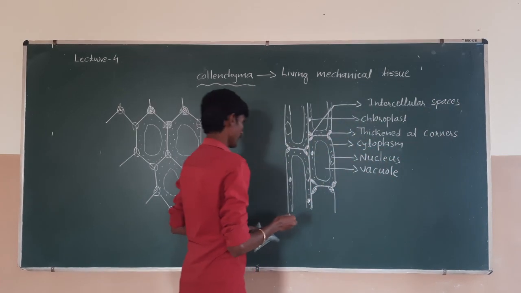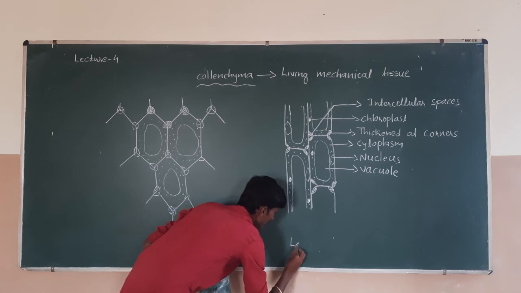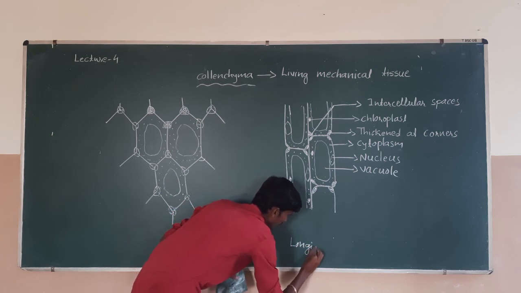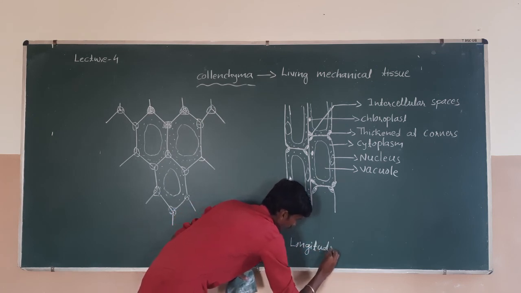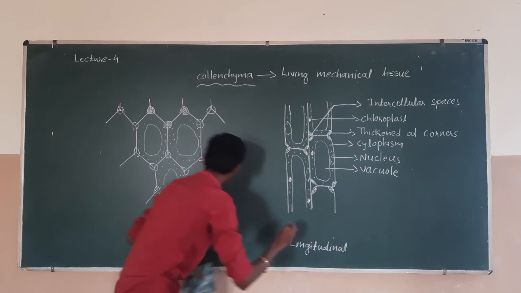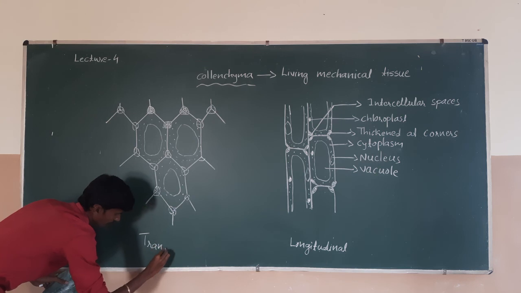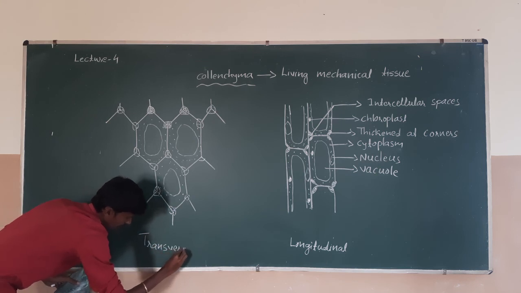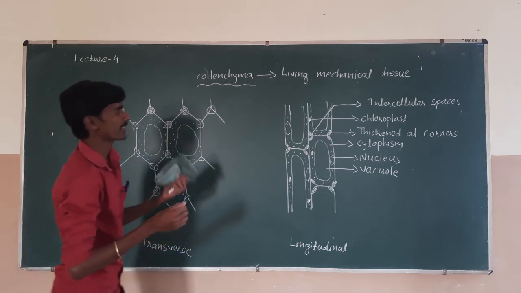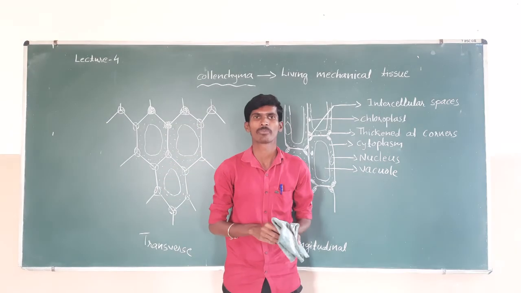Okay, this is the longitudinal section of the collenchyma, and this is the transverse section. This is the diagram of collenchyma.